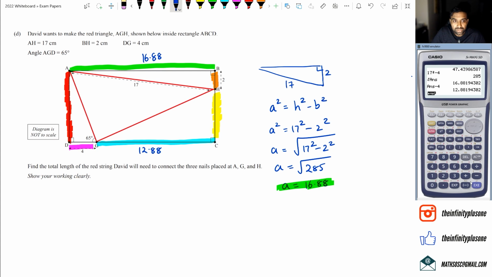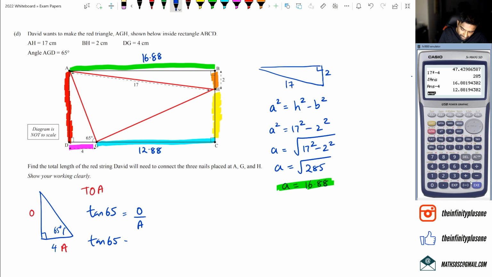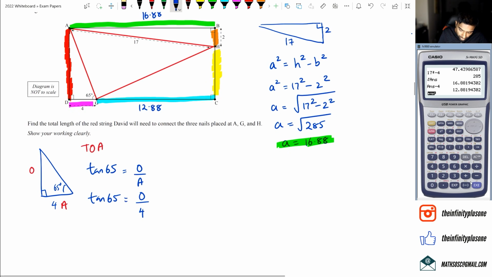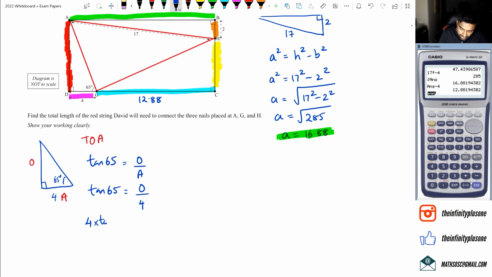So now we need to work out the red length for the triangle on the left hand side. So we've got 64 and 65 degrees. So we're going to have to use SOHCAHTOA for this, and we're looking for the opposite, and we've got the adjacent. So we're going to be using tan. So tan of 65 is equal to opposite over adjacent. So tan of 65 is equal to opposite divided by 4, or we can say that 4 times tan 65 equals the opposite side.